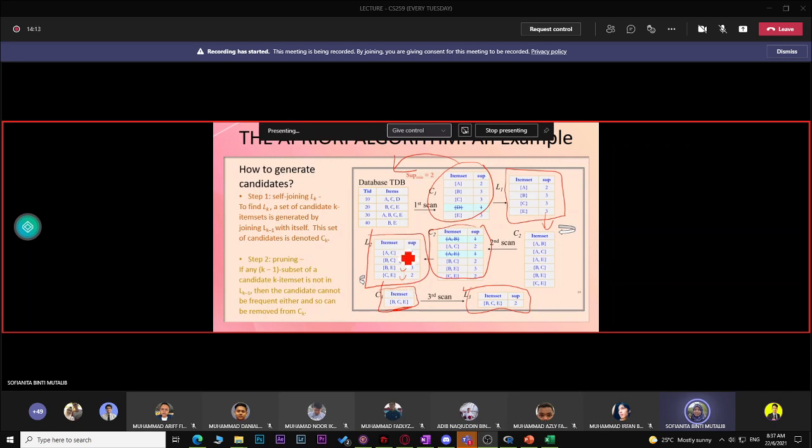We can have a combination of A, B, C, but it cannot be generated as a candidate because of its subsets. What are the subsets of A, B, C? We have AC and we have BC, but AC does not occur. So the combination of A, B, C would not become a candidate of 3 item set. So this will be the Apriori.